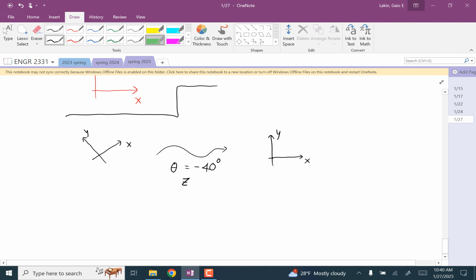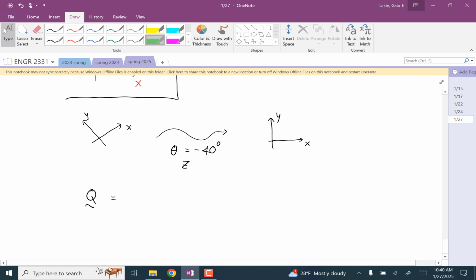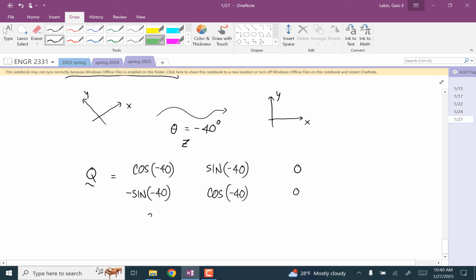Okay, so that means that our Q is going to be cosine of negative 40, sine of negative 40, 0, negative sine of negative 40, cosine of negative 40, 0, 0, 0, 1.